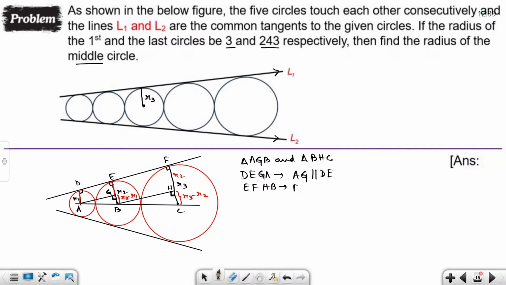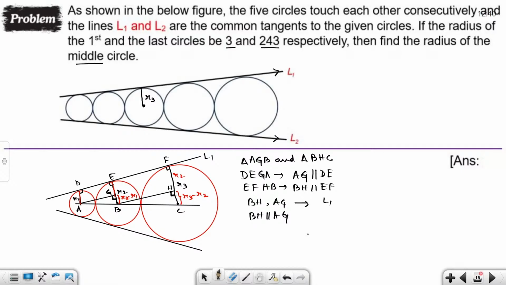Therefore, I can say that BH is parallel to EF, right? As BH and AG are parallel to the same line L1, this is my L1 actually, I can say that BH and AG are also parallel.